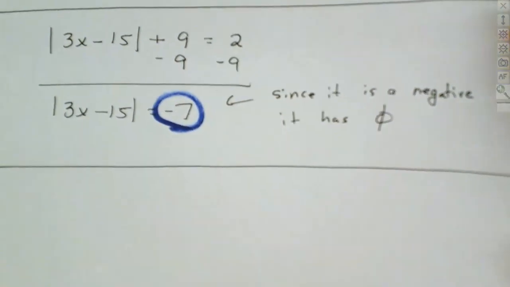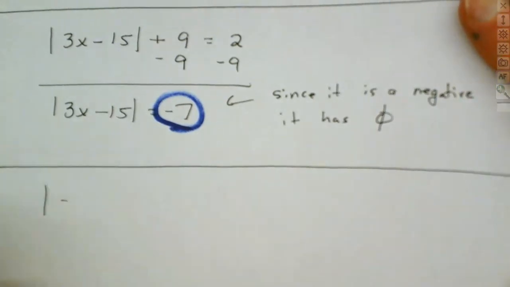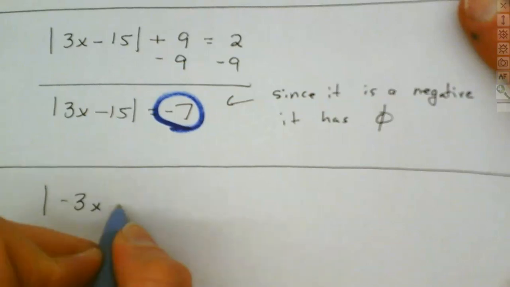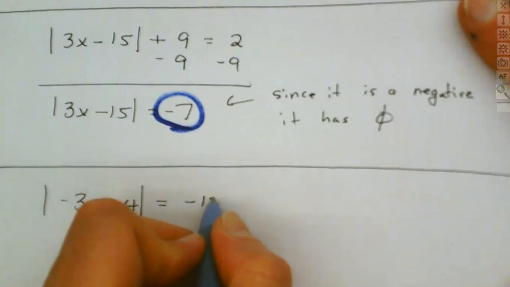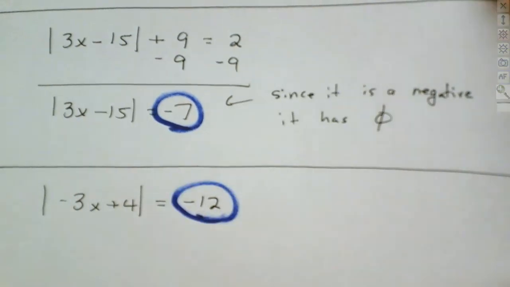Okay, so that has no solution. Another one. Minus 3x plus 4 equals a -12. Do I have to solve this one? No. Why do I not have to do any work at all? Because that is negative.